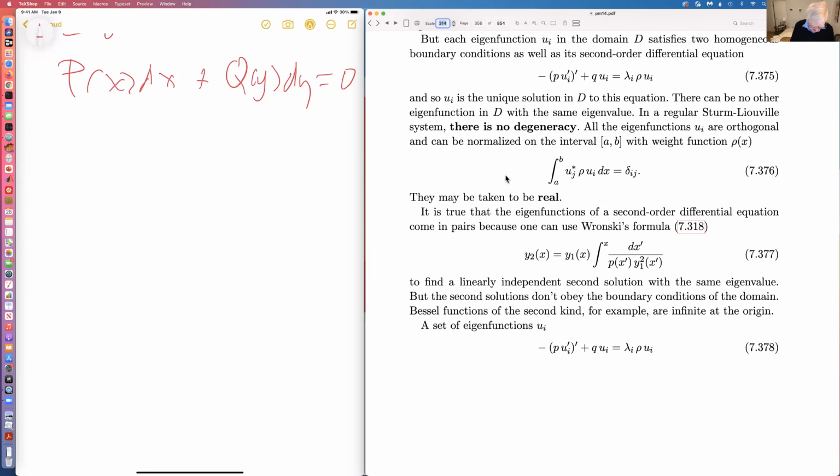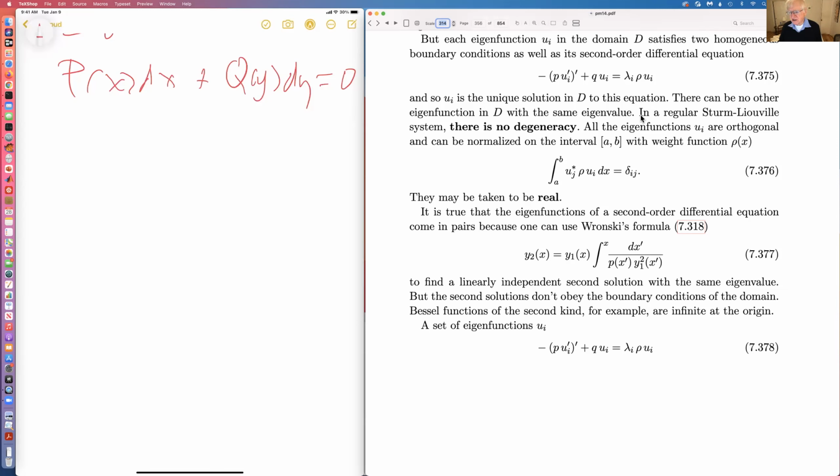Now, when I say there's no degeneracy, what I mean is you don't get this cheap degeneracy that's universal because of the real and the imaginary part being solutions.